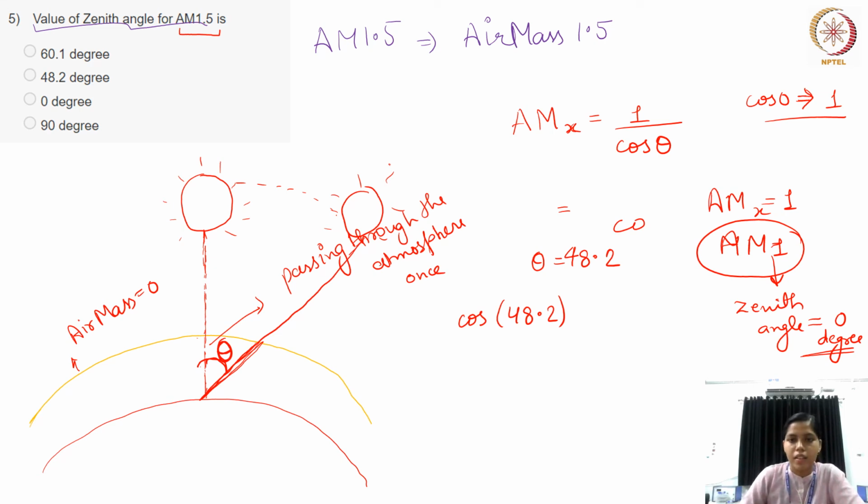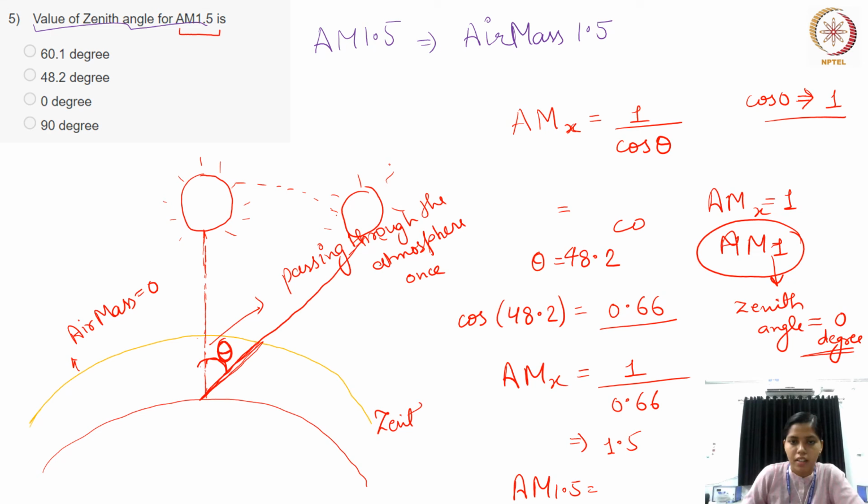Okay, so that will give me 0.66. So for calculating the air mass x, we take 1 divided by 0.66, and that will give me 1.5. So for air mass 1.5, the zenith angle must be 48.2 degrees. Is it clear to everyone? Please write yes in the chat box, and if you have any doubt, you can also unmute yourself.